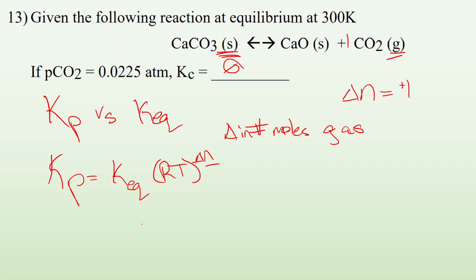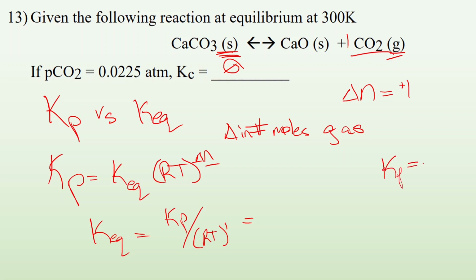So if I want KEQ, let me rearrange this. KEQ is going to equal KP divided by RT to the 1 power. So now I can just plug and chug. Hey, what is the KP expression for this reaction?